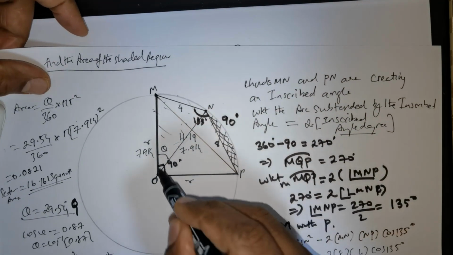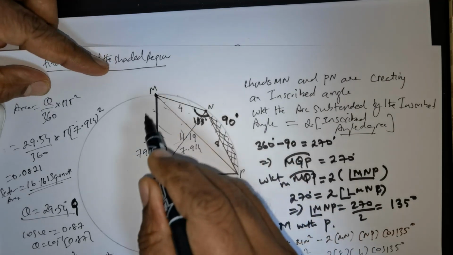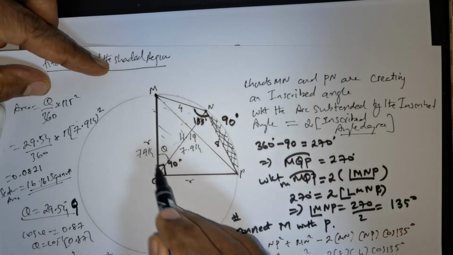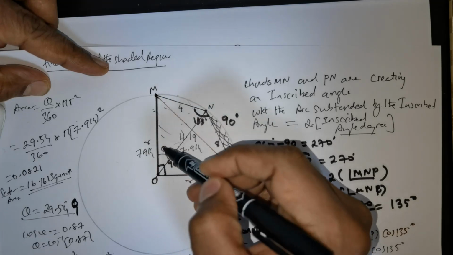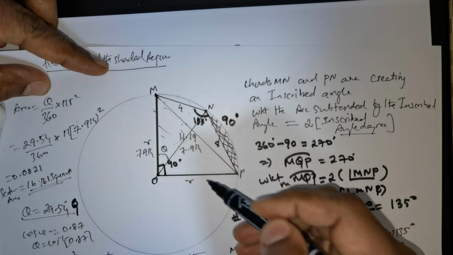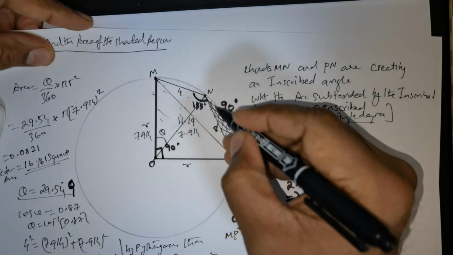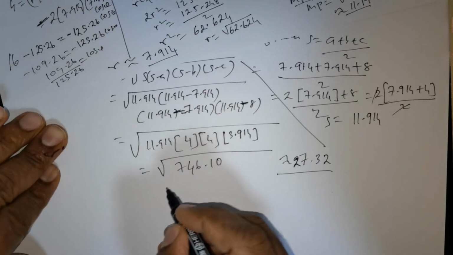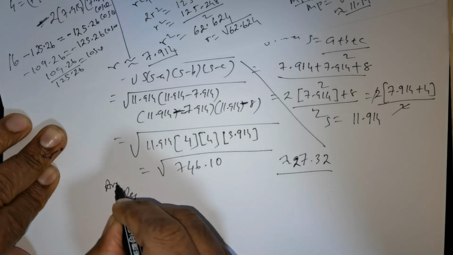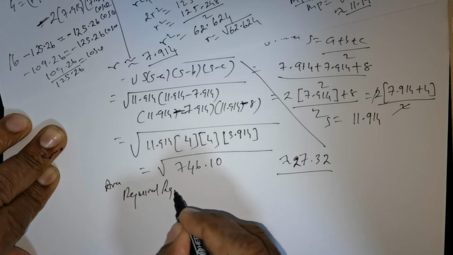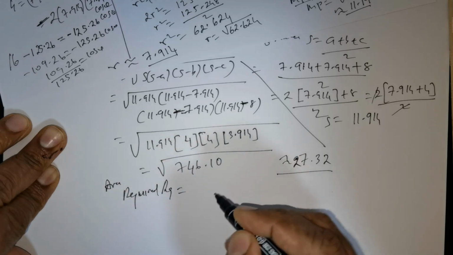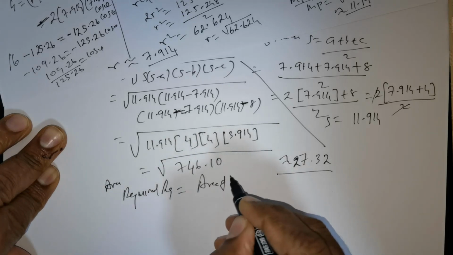Now what I'm going to do is first find the area of this sector, right? And then from the area of this sector, I'm going to take away the area of the triangle. Okay, that will give me this required region. So let me write the formula down. Area of the required region is equal to area of the sector.